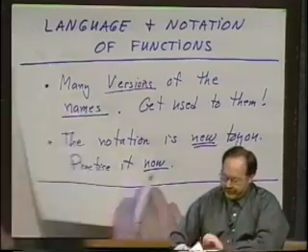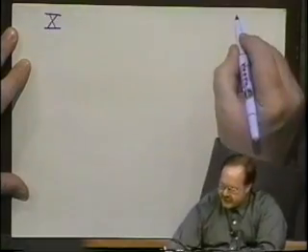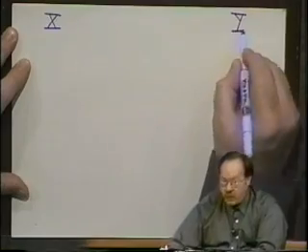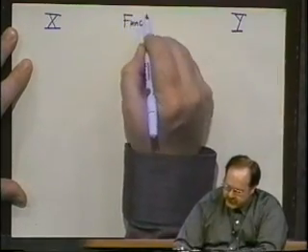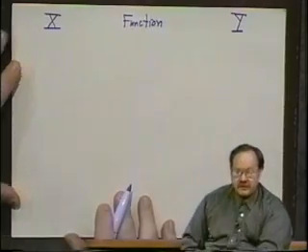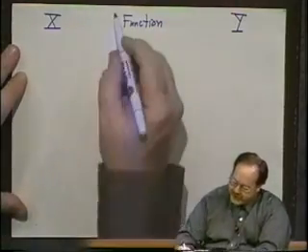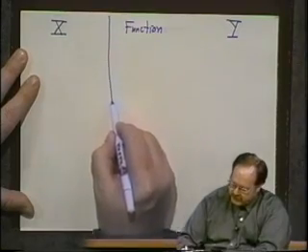So, let's go back to how we define functions. We had, on the one hand, a set on the left that we called big X temporarily, a set on the right that we called big Y, and in the middle is where the function was, represented as a correspondence or as a machine. And now, under each of these, let me draw lines.